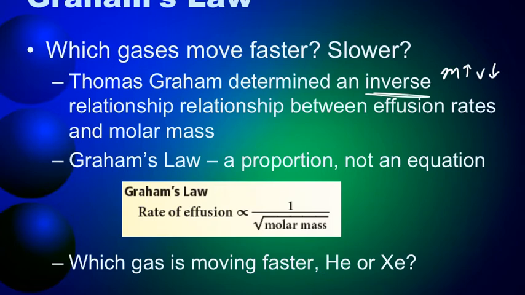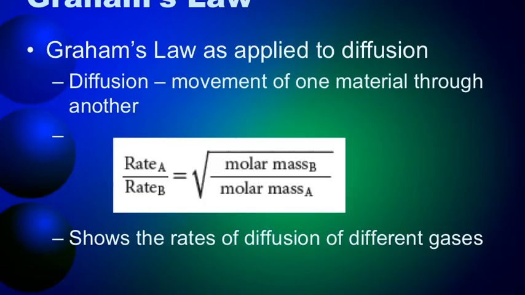Which is it? It should be, right, helium. It's the lighter gas. It's got a molar mass of 4. I'm not sure what xenon is off the top of my head, but it's significantly higher than helium. And so we said just a moment ago that lighter gases travel faster. Heavier gases, like xenon, would travel slower.